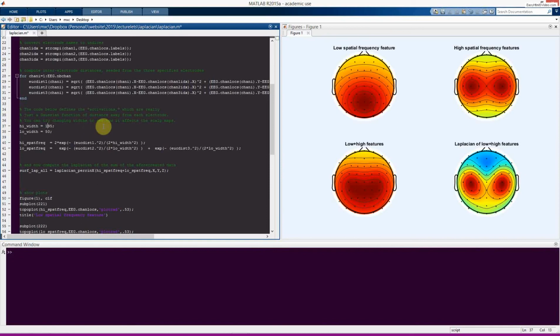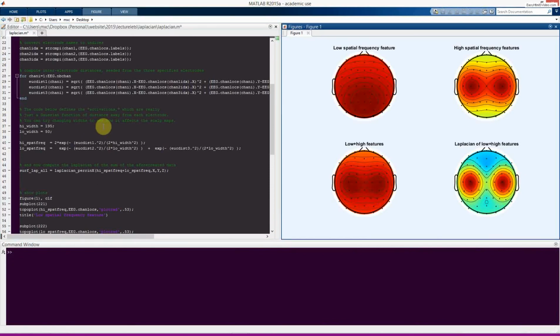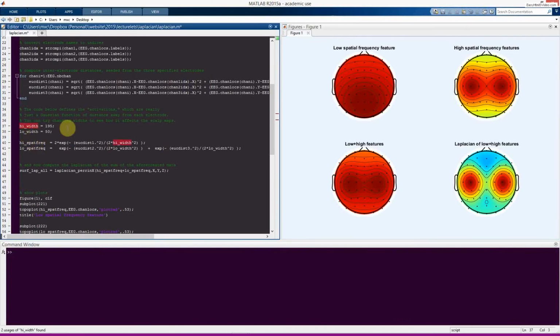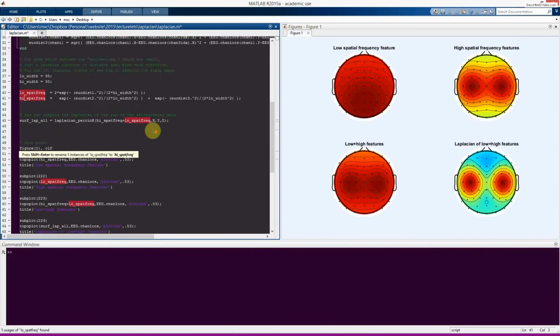So we can make this much bigger. I just now noticed that this whole thing is backwards. Sorry about that. In the version you will download, this will look better. The high and low is mixed here. That's funny. I'll fix the rest of that later.